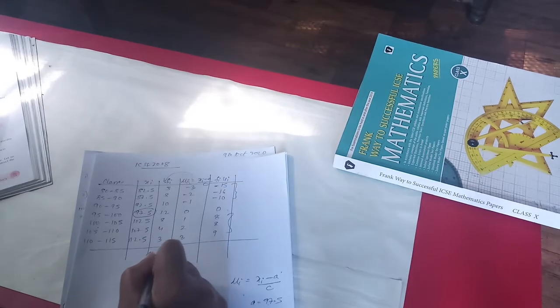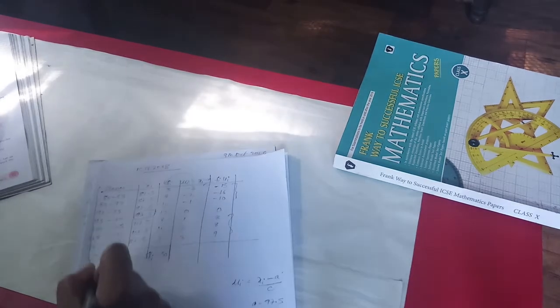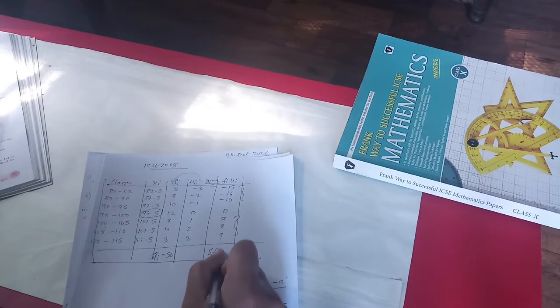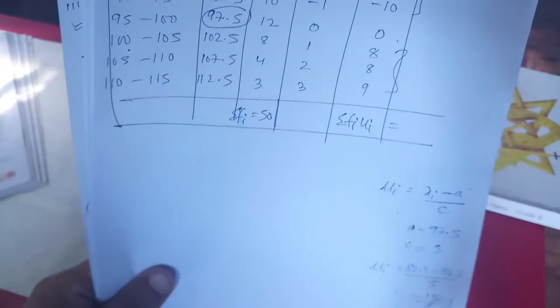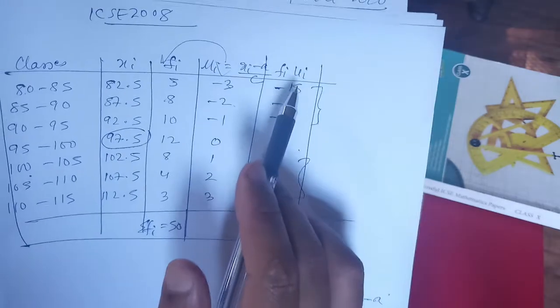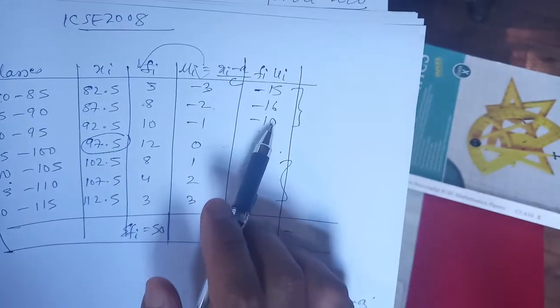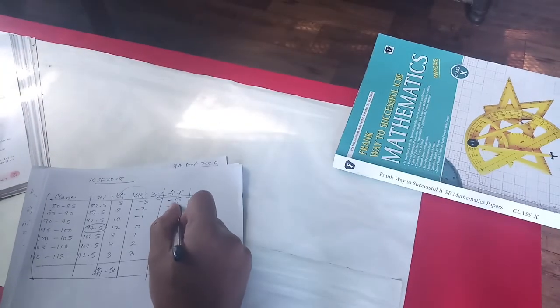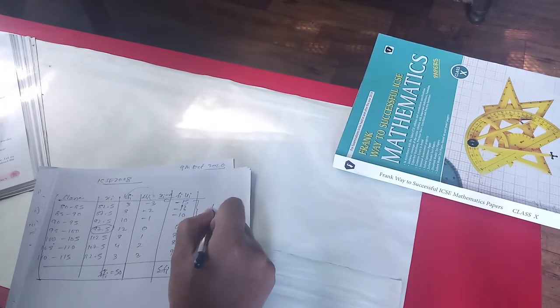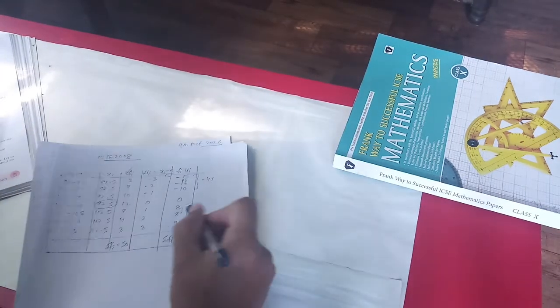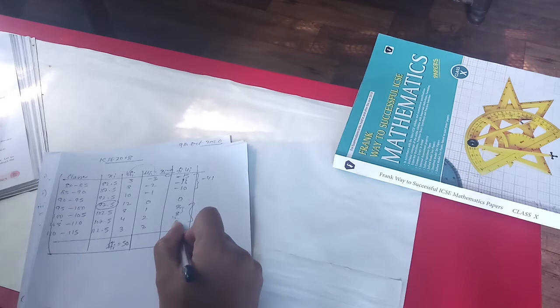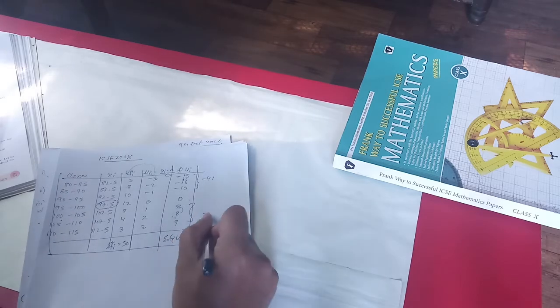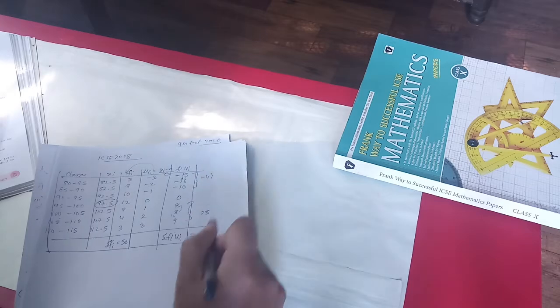Summation Fi is already given, 50 apples in the question, so summation Fi will be 50. Now look at summation Fi Ui. Add these three separately because all are minus: 25, 5 plus 11, minus 41. Then you add this: 8 plus 8, 16, 25. So you subtract from minus 41, you will get minus 16.